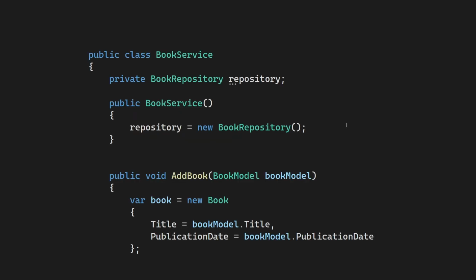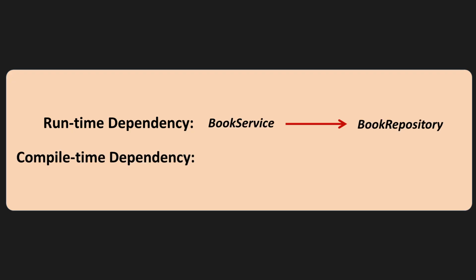So if we take a look at our example, we have the book service class that instantiates a book repository class in its constructor. This means that the book service class references the book repository class, meaning the book service class depends on book repository at compile time. So while our runtime dependency is from book service to book repository, our compile time dependency also flows in the same direction from book service to book repository.